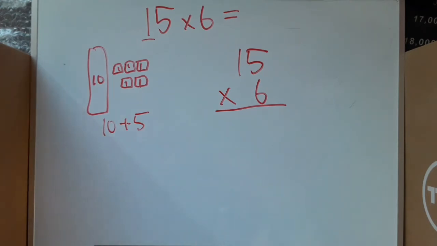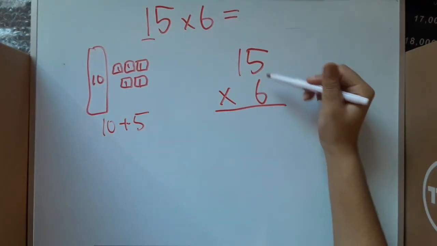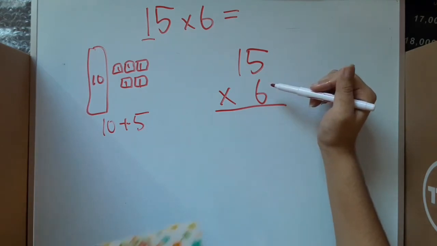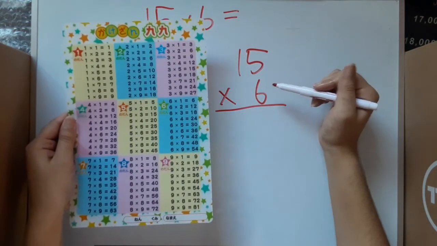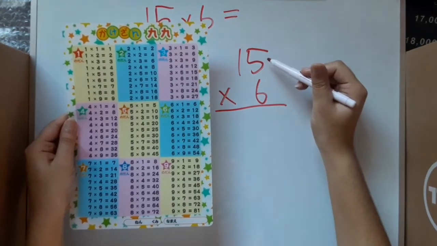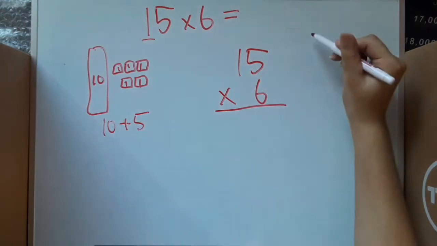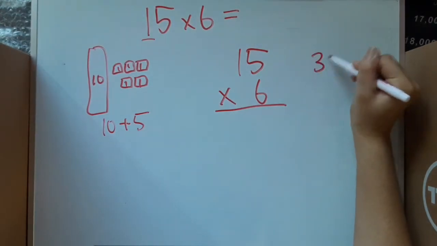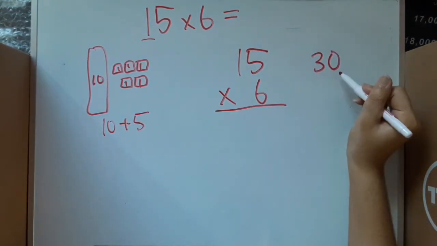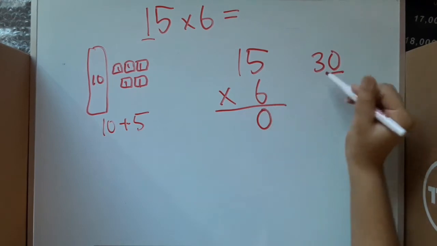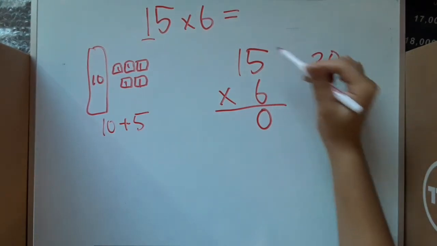First, we need to do the 6 times the 5 because they're both in the ones place. And looking at our chart, we know that 6 times 5 equals 30. Since 30 has 2 place values, the 0 being in the ones place goes on the bottom. The 3 being in the tens place goes on the top.